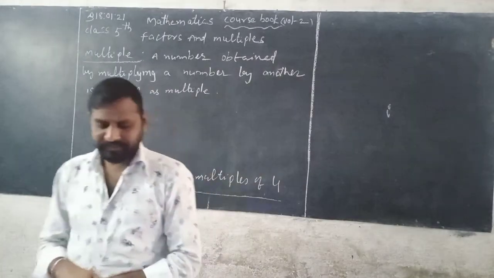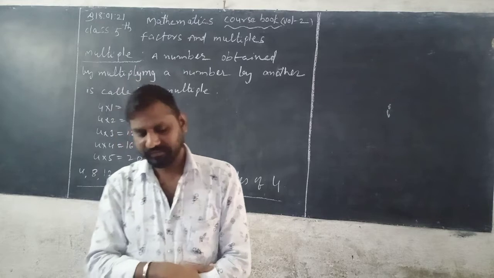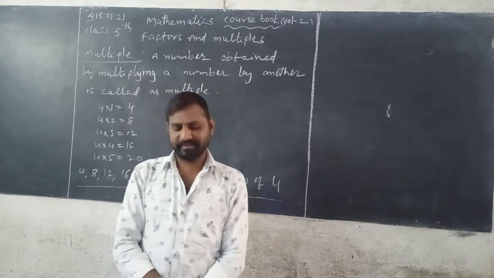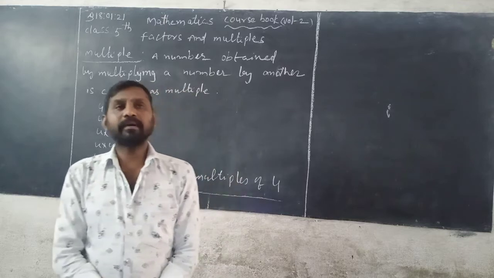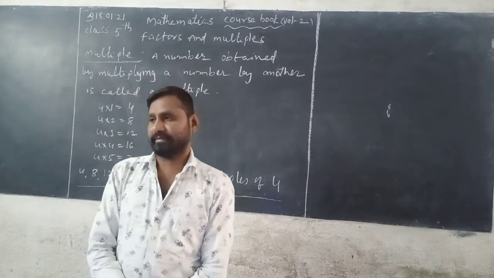Now, next, factors. What is meant by factors? A number that divides another number without remainder is called a factor of that number. Without remainder means remainder is equal to 0.